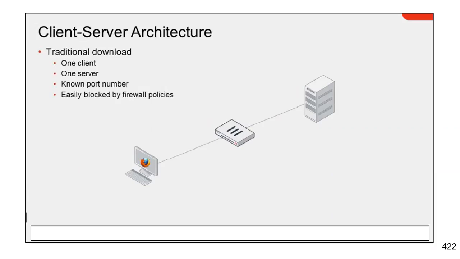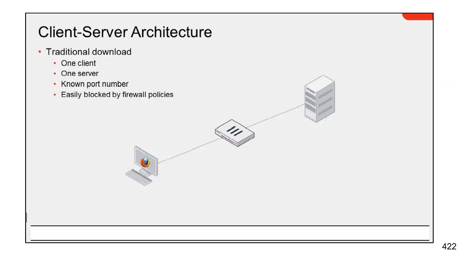Next, client server architecture, one of the most famous architectures all over the world, because that is the first thing we normally learn when we get into the networking department. See over here, it shows you a traditional client server architecture.